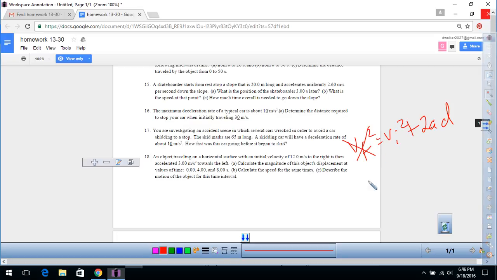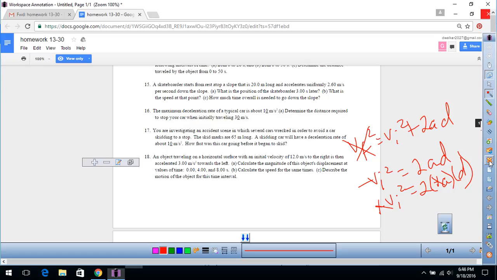So you're going to have negative VI squared is equal to 2AD. But since your A is negative, that negative can go away. And so you can solve for your VI by doing that math. Okay, pause if you need to look.